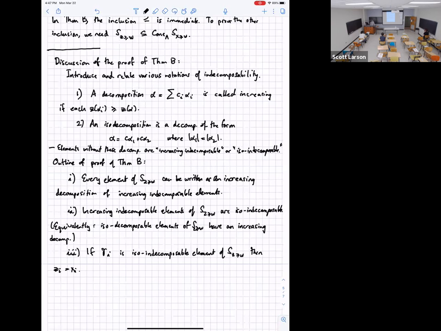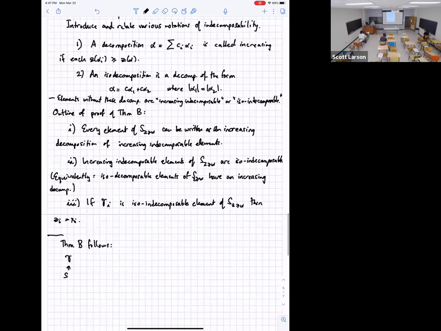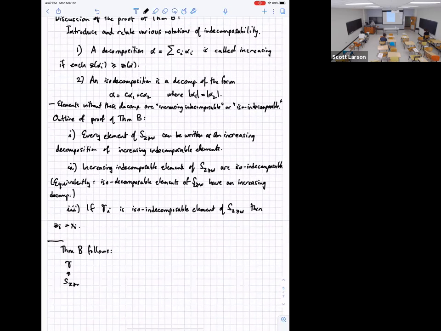So putting these things together, I can get theorem B. So theorem B follows, because if I take some gamma in S, Z bigger than or equal to W, I can write this as a sum of Ci gamma i.